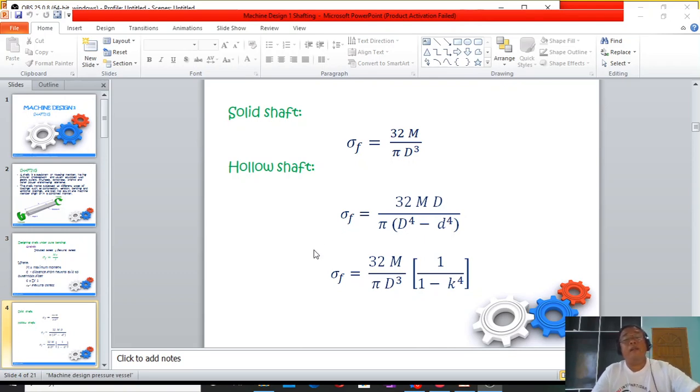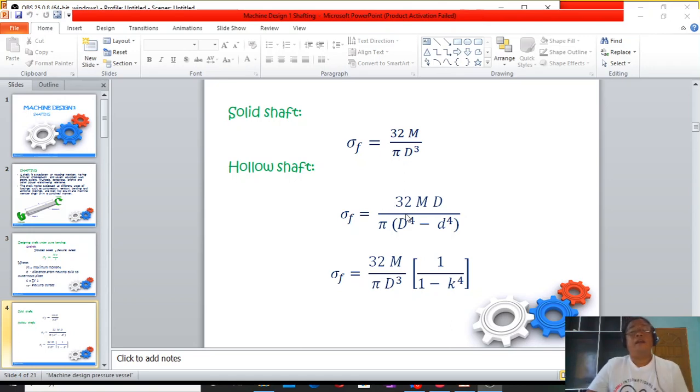That's why, class, we have here sigma F equals 32M over pi D cubed, where this factor 1 over 1 minus k to the fourth came from. Okay?